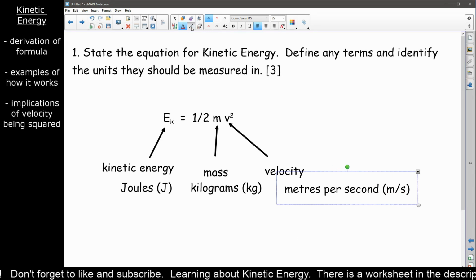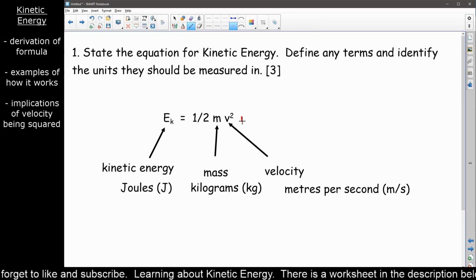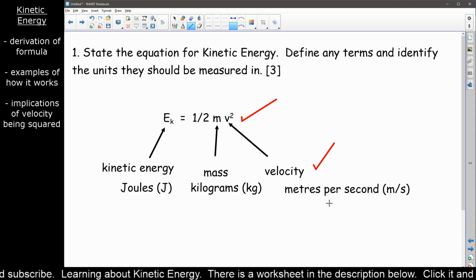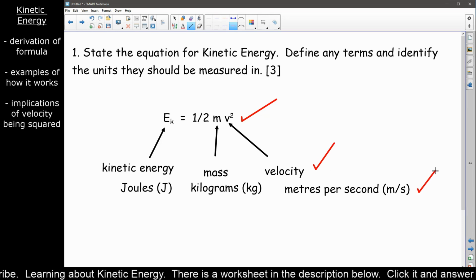Okay, so there's 3 marks for this question. You get 1 mark for getting the equation correct, then 1 mark for getting all of your terms correct, and then 1 mark for correctly identifying each of the units. Simple 3 marks for you.